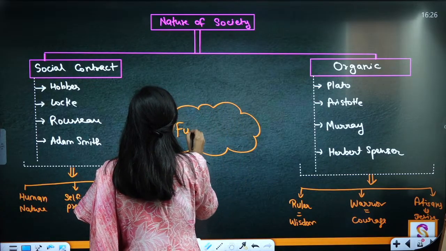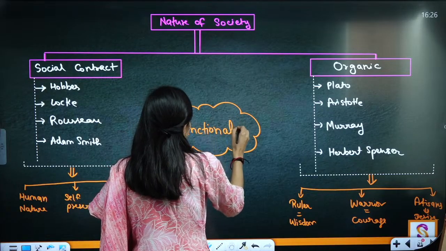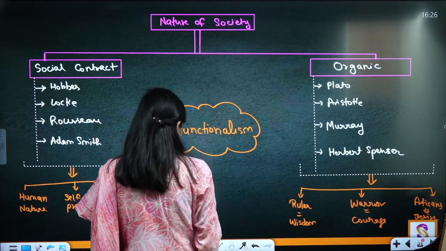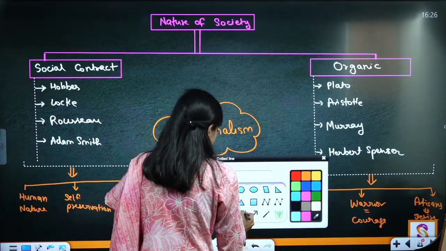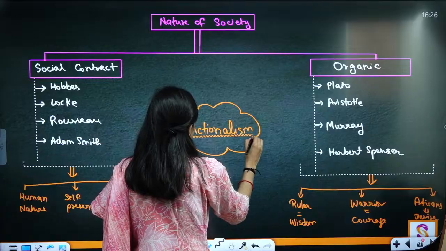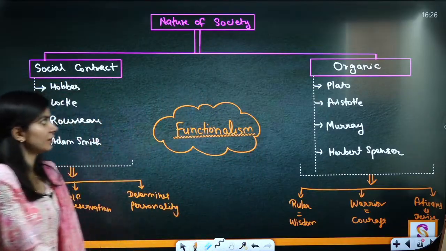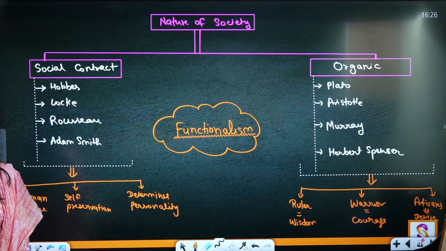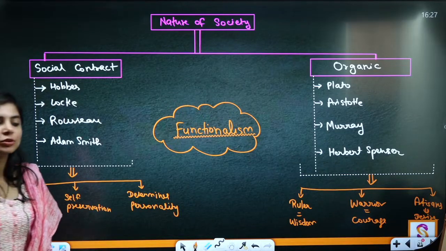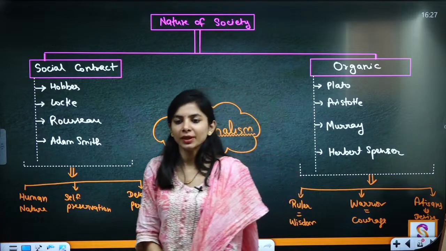It works based upon functionalism, and this is what we want to achieve. I hope you can understand this part related to society, culture, and men. This is what we had to do in today's class.